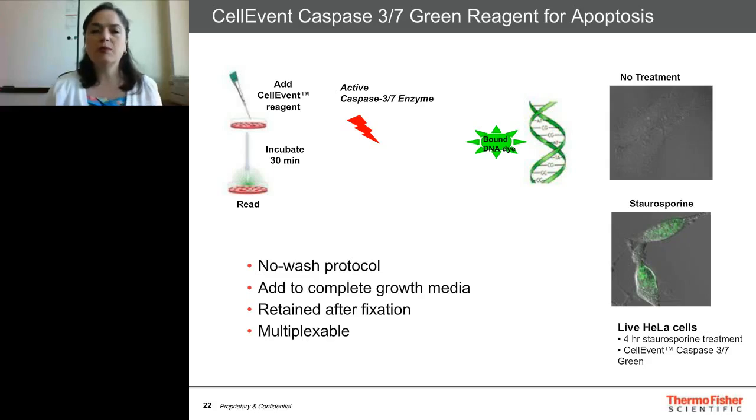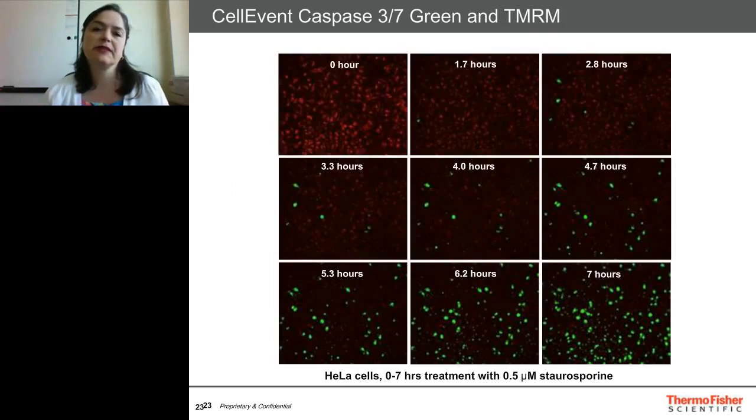So if you wanted to multiplex it with something like TMRM, TMRM is a mitochondrial health readout, and you can see at 0 hour the cells are labeled with red. Those are those red spots you see, and that means their mitochondria are all intact and functioning.